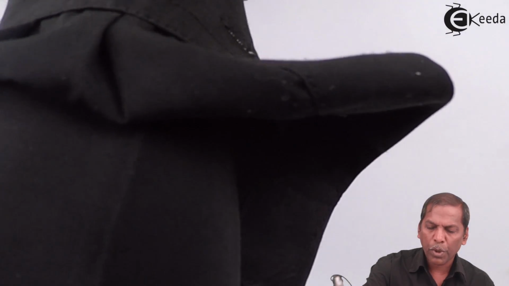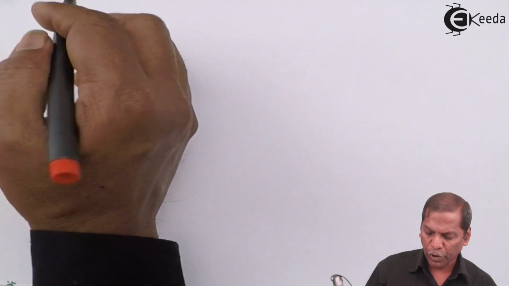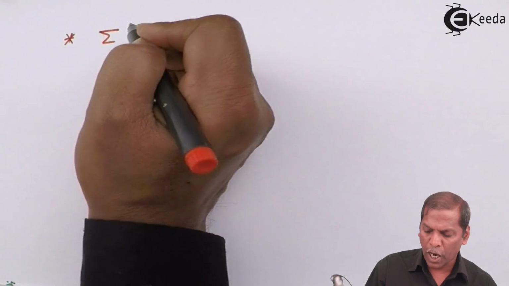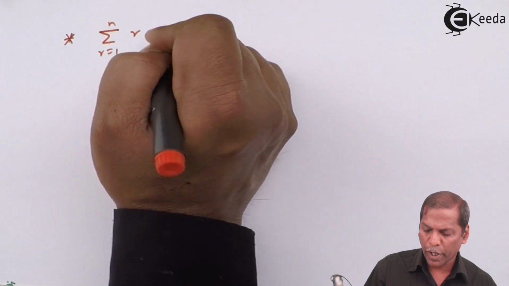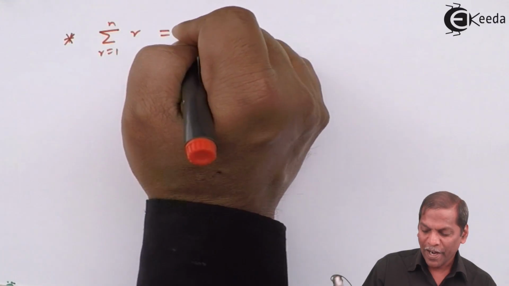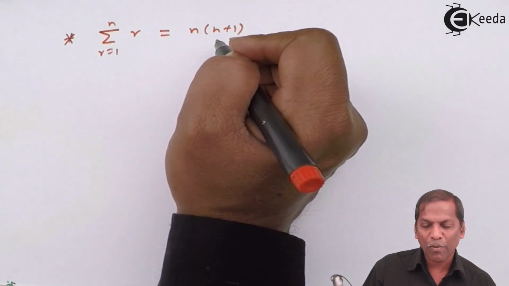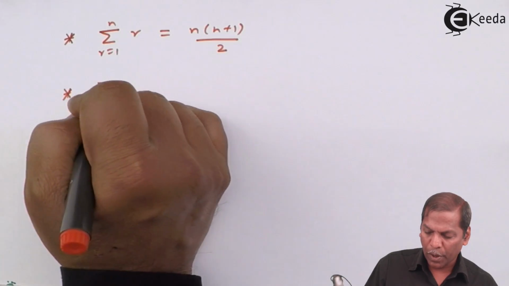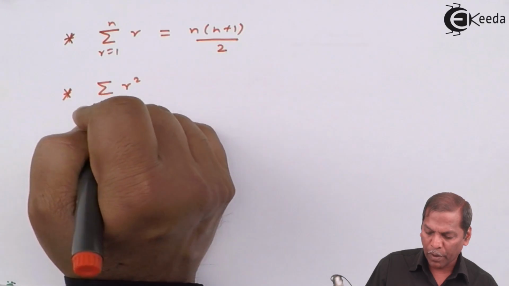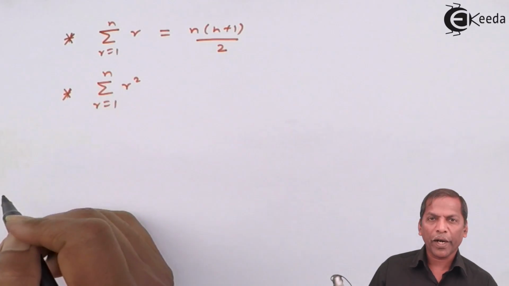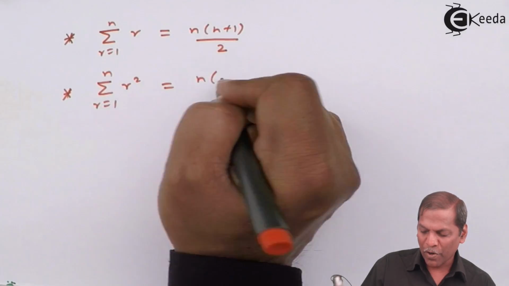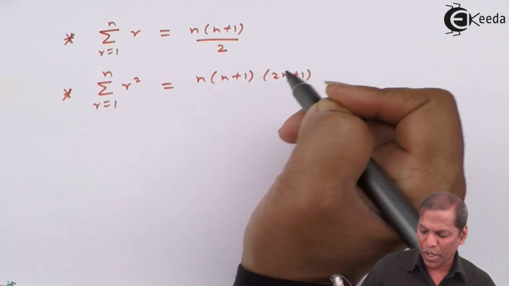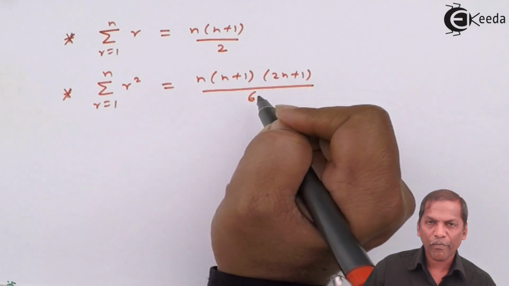Now here we use two formulas for summation. The first formula is summation r, r takes values 1 to n, which equals n into (n plus 1) upon 2. And the second formula is summation r square, r takes values 1 to n, which equals n into (n plus 1) into (2n plus 1), and the whole thing divided by 6.